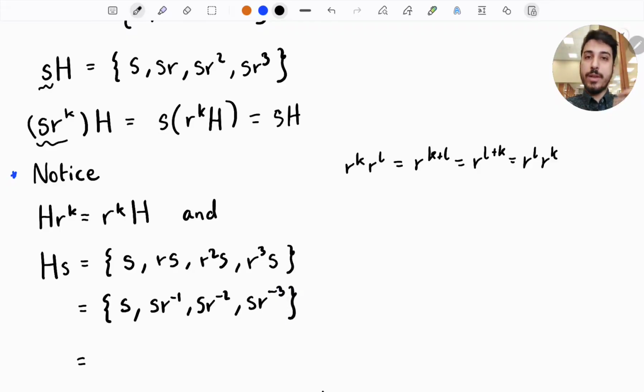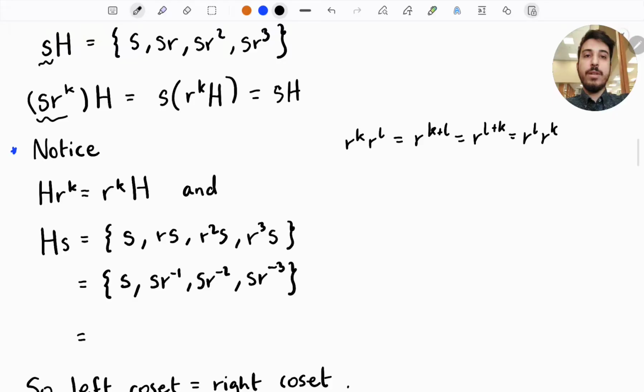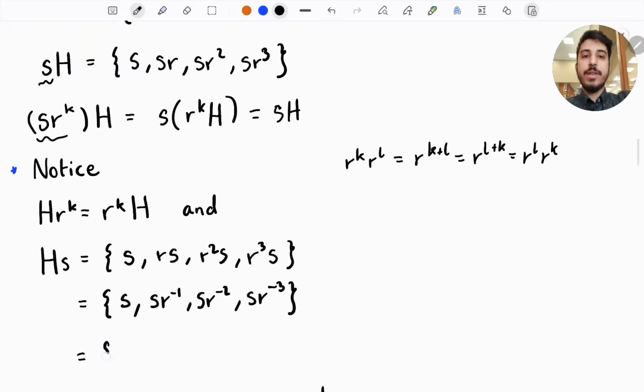And now we can use another property of dealing with these things to say that this is equal to S, SR, okay, minus 1 plus 4 is 3, minus 2 plus 4 is 2, and minus 3 plus 4 is 1.